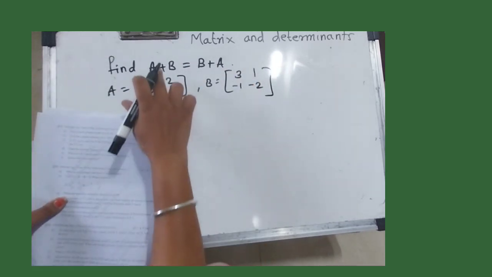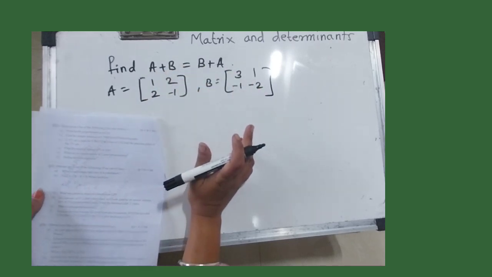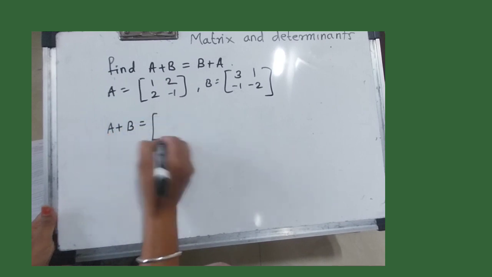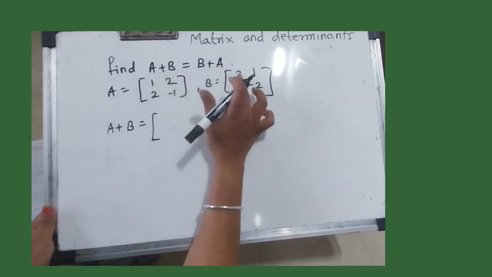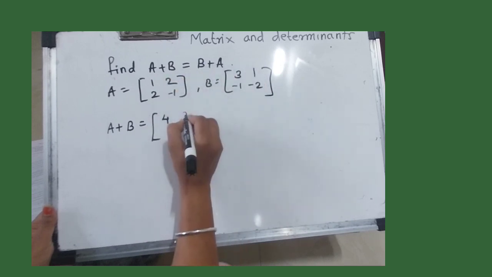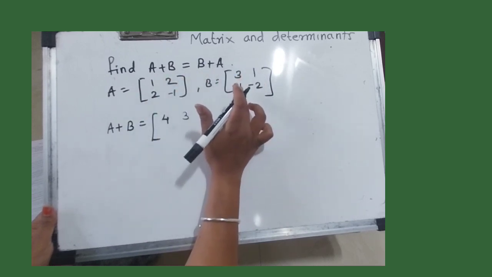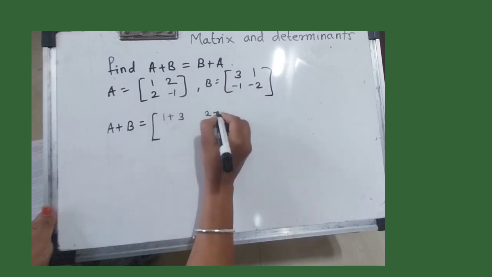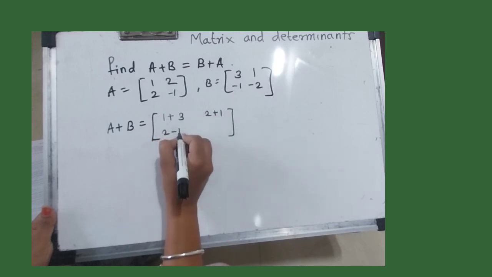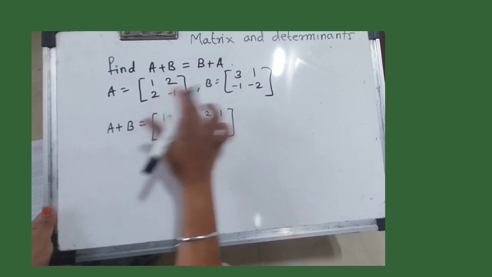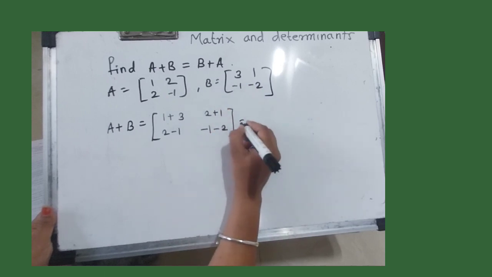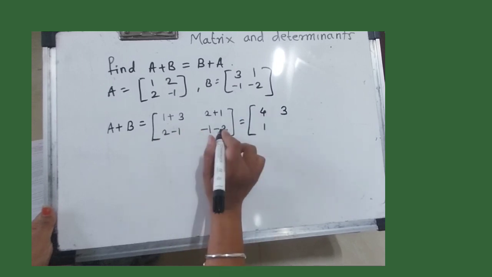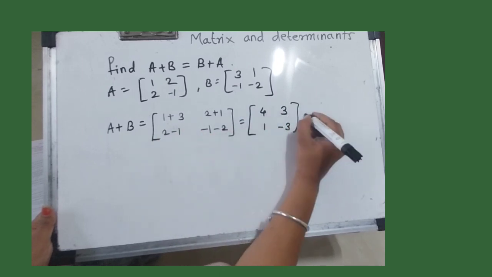What we have to show is that A plus B equal to B plus A. First find A plus B. How to find A plus B? 1 plus 3 is 4. 2 plus 1 is 3. 2 minus 1 is 1. Minus 1 minus 2 is minus 3. Call it equation 1.